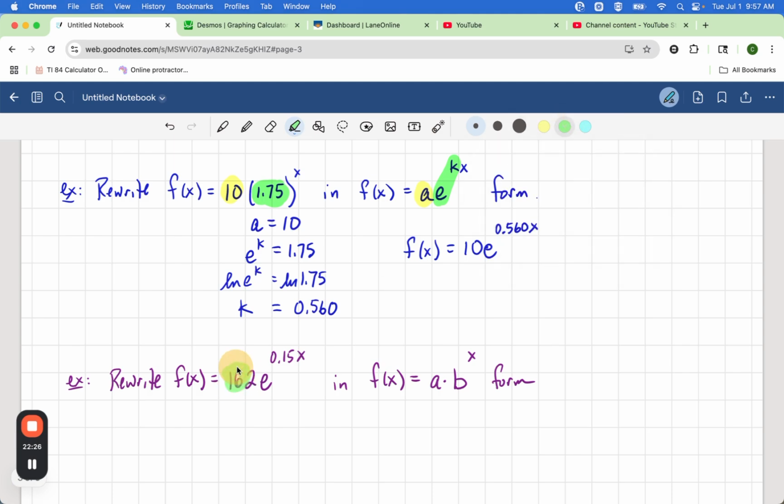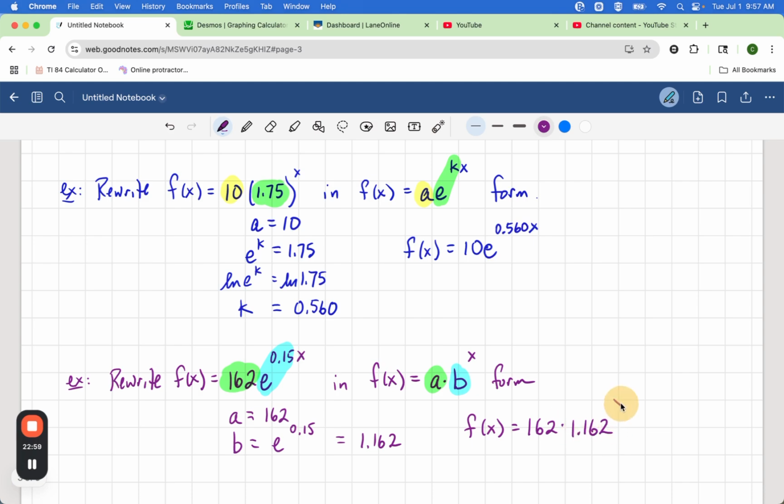I got the 162 is my a, and then it looks like I have e to the 0.15 equals b. So I just have to do both of those calculations. So a is 162, b is e to the 0.15, which turns out to be 1.162. So f of x equals 162 times 1.162 to the x.